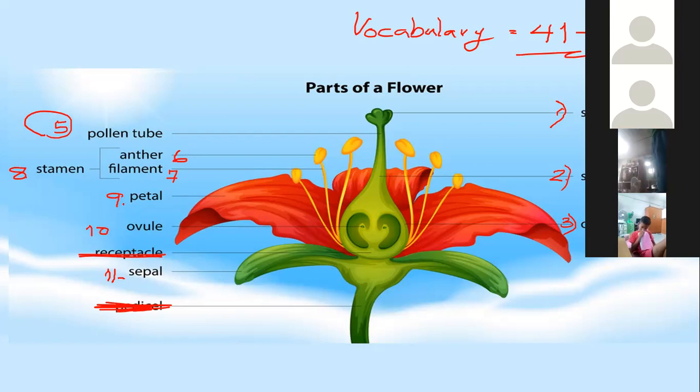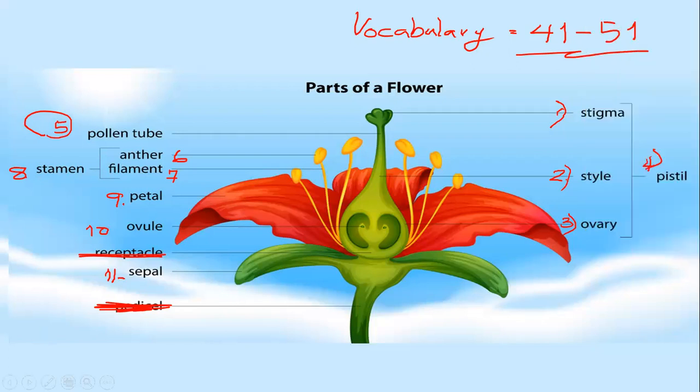Finish writing? Okay, everybody, this is our vocabulary 41 to 51. I hope you are writing.